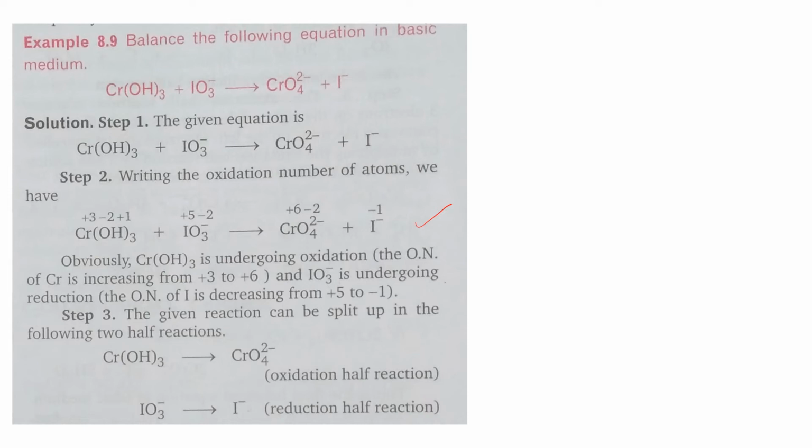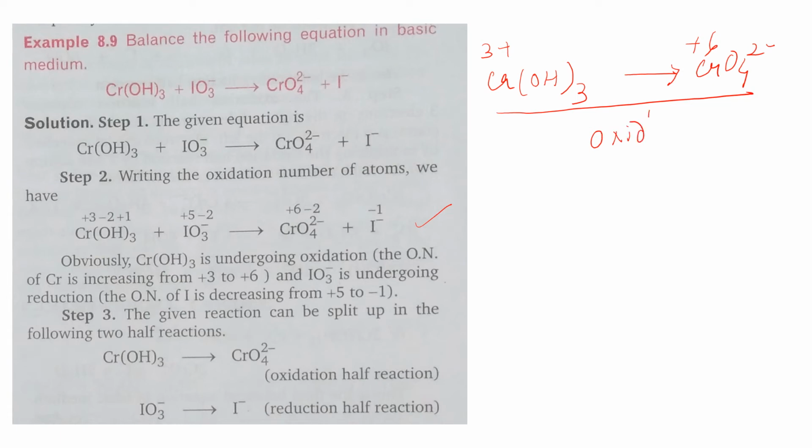So this Cr(OH)3, this is plus 3, it is going to CrO4 2-, where chromium is plus 6. Now you can see that plus 3 to plus 6 means there is an increase in the oxidation number. So this is the oxidation half reaction.